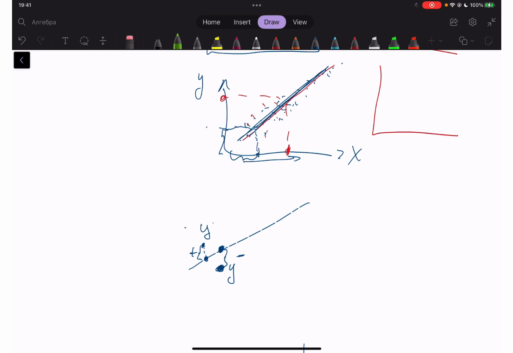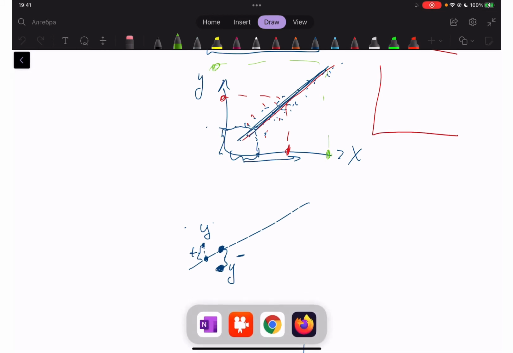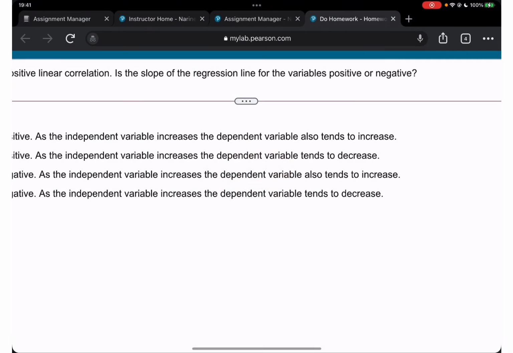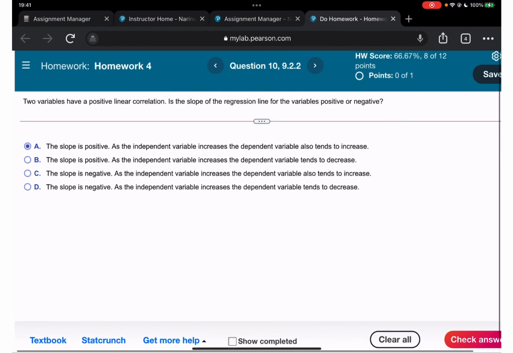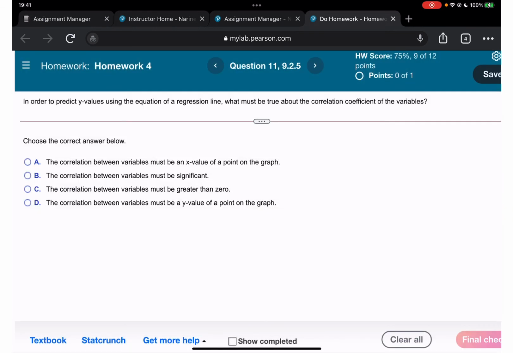My x is even bigger, my y is even bigger. Okay, we're good. Next. Well done. Moving to the next one, 11.